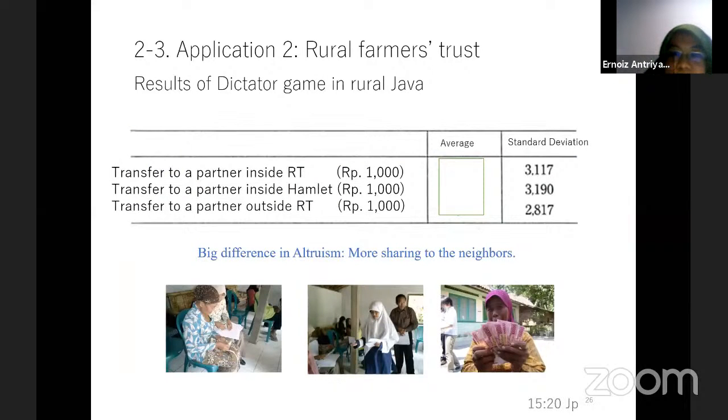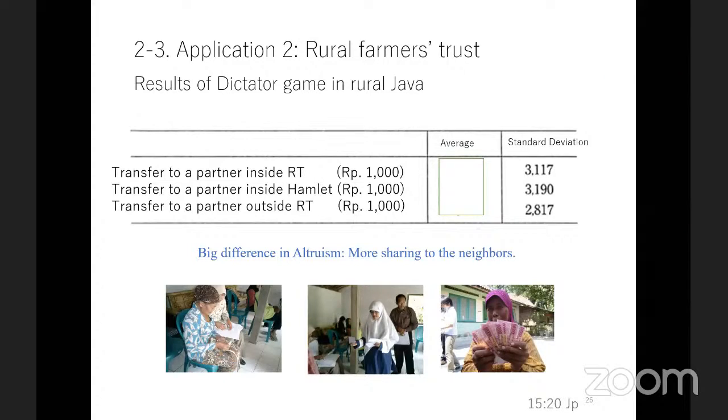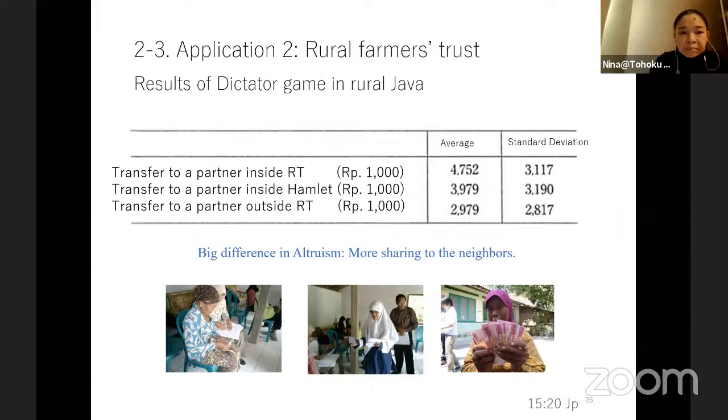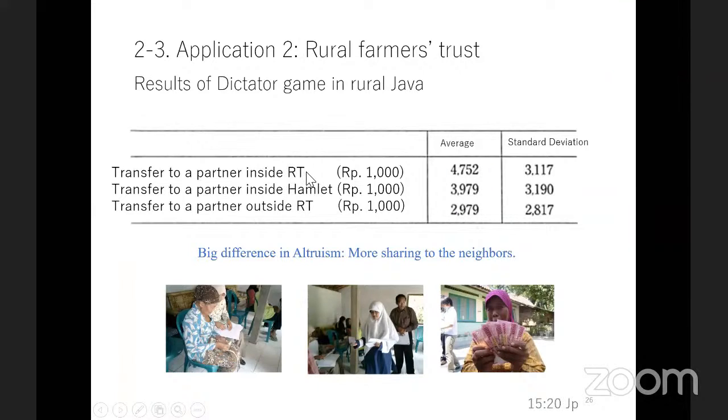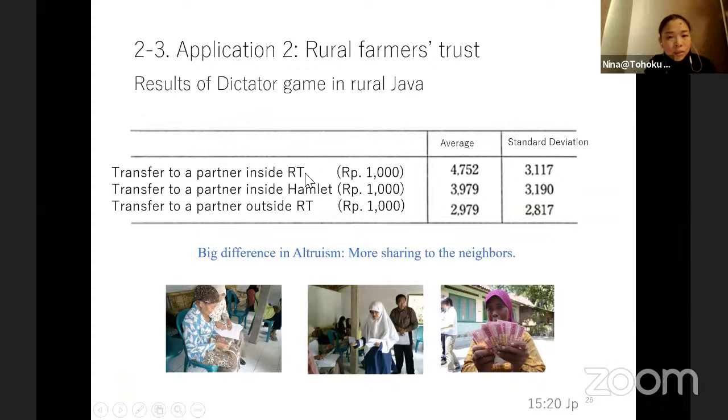After this kind of experiment, this is the result of the Dictator game, the share or not game. Here the in-group, out-group difference is very clear. Transfer to a partner inside the RT, the neighboring group of 10 or 20 households, is high compared to another hamlet member or an unknown member outside the hamlet.